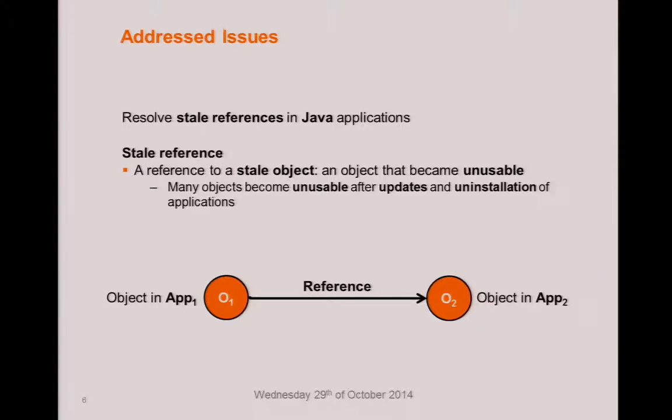What I hid from you here, because it's an implementation detail, is that I mark class loaders as stale. You can find this in my PhD if you have time, but a stale reference is a reference to a stale object. A stale object is an object that was created by a class that is loaded by a stale class loader.